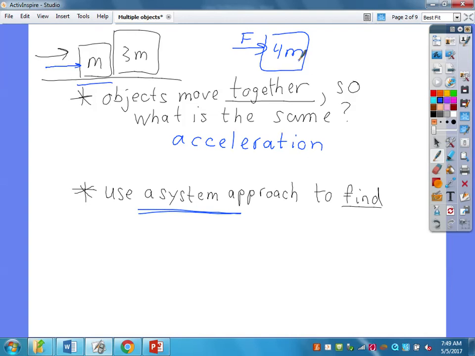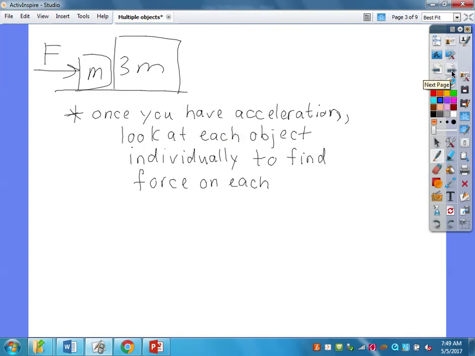So we're going to use the system approach to solve for acceleration and then go back and solve for the net force on both boxes. We need to first figure out the acceleration. Once you have the acceleration, look at each object individually to find the force on each object.